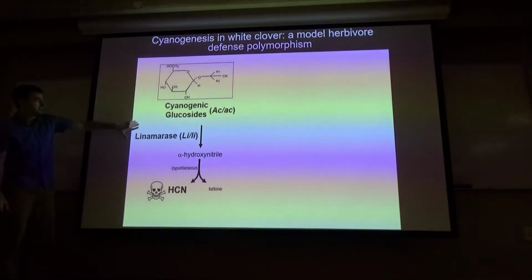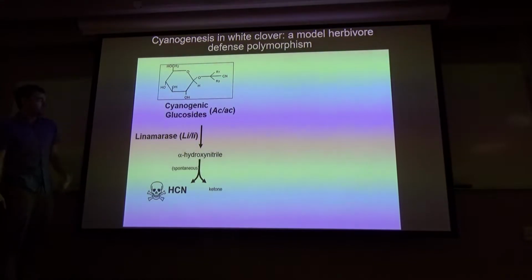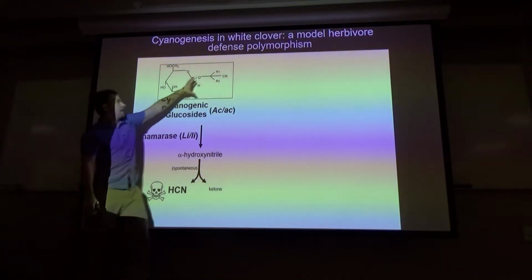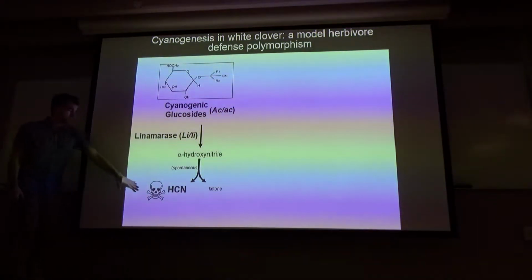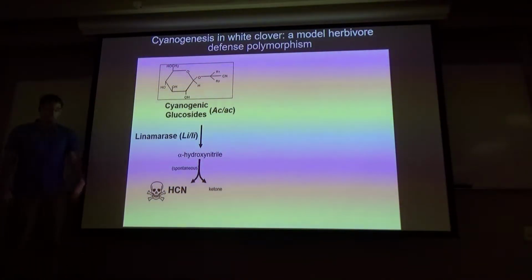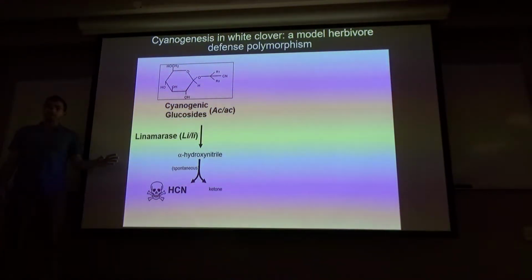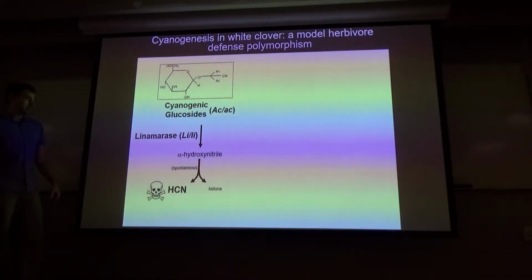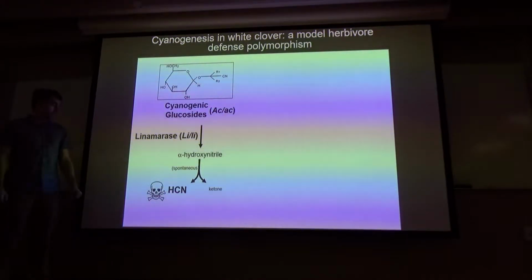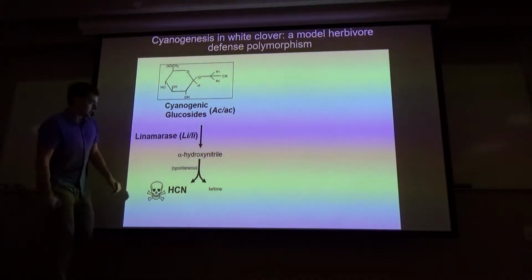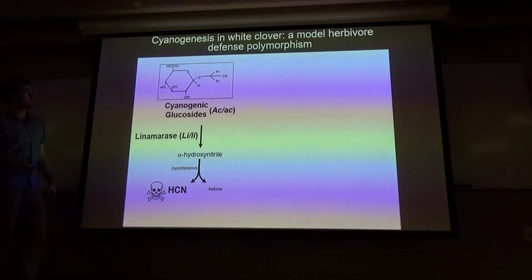And we have this enzyme called linamarase, which is capable of breaking apart these cyanogenic glucosides and essentially cleaving off that cyanide group, so we produce hydrogen cyanide. Now, hydrogen cyanide, as many of you probably know, reacts in the mitochondria and basically eliminates cellular respiration for most animal taxa, and kills you very quickly, surprisingly.